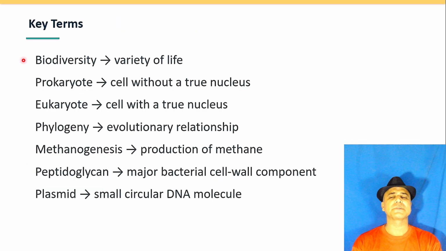Key terms: biodiversity, the variety of life. Prokaryote, a cell without a true nucleus. Eukaryote, a cell with a true nucleus. Phylogeny, evolutionary relationship.